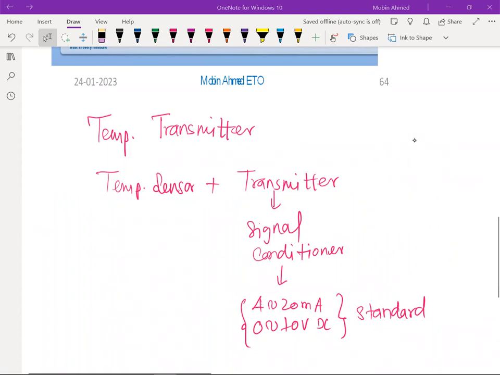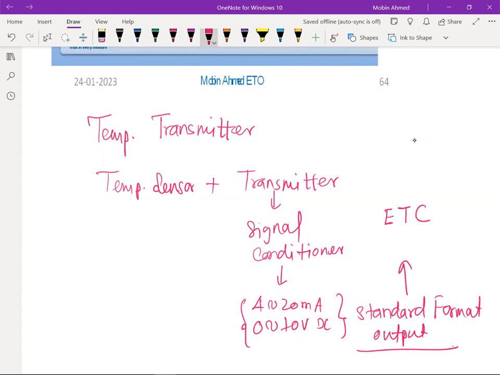Okay. So there is always a standard format output. In the marine field, we always use this 4 to 20 milliampere. The marine field is guided by the International Electrotechnical Commission, and there is one more organization, the IEEE.